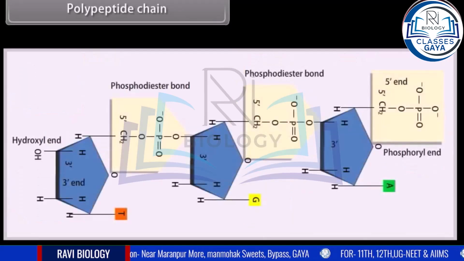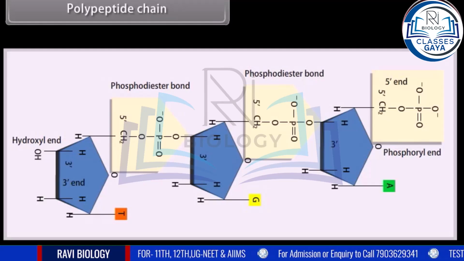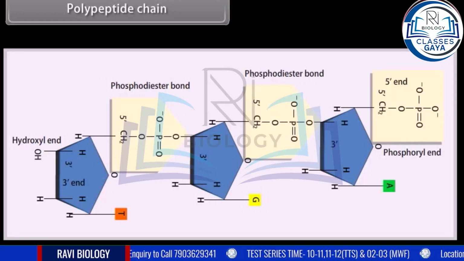A polynucleotide chain has a phosphate moiety at one free end of ribose sugar. This is known as 5' of the polynucleotide chain. The other free end of ribose sugar has an attached OH group. This is called 3' of the polynucleotide chain.